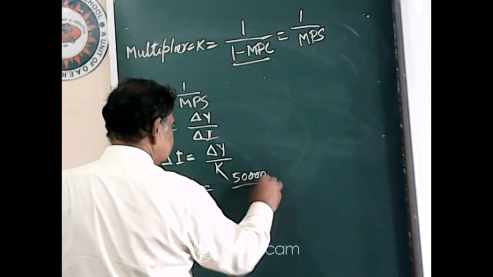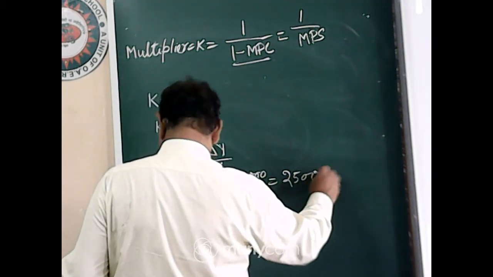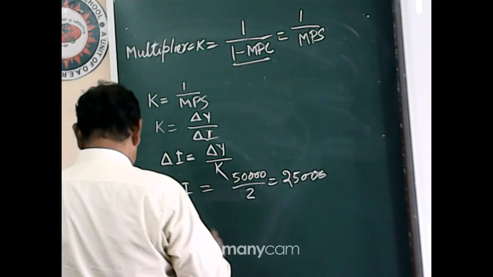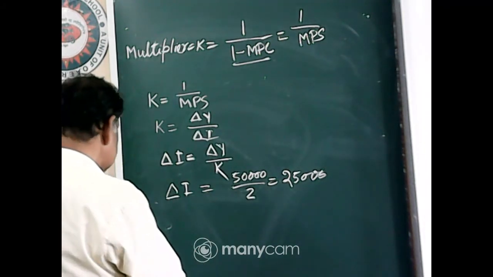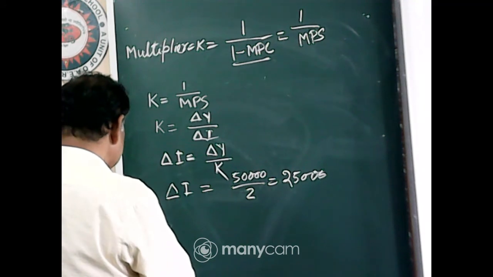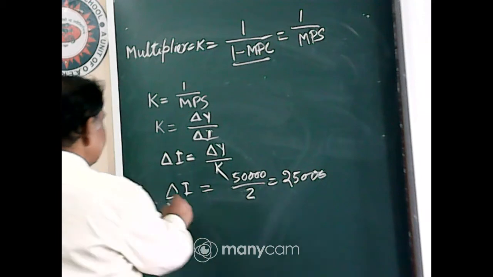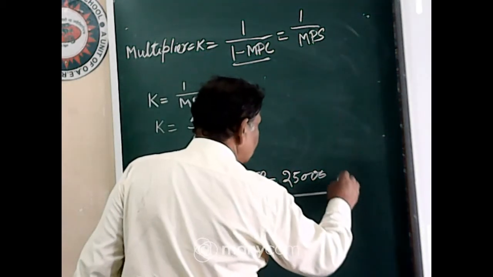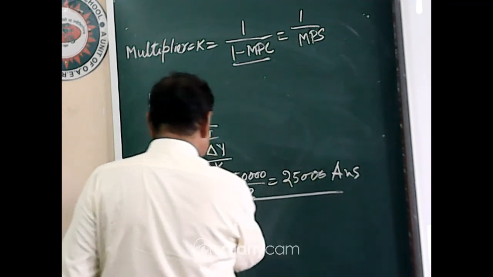I have done it. It is equal to 25,000. Now, my question was, half of additional income is always find incremental investment. So, incremental investment is rupees 25,000. This is the answer.